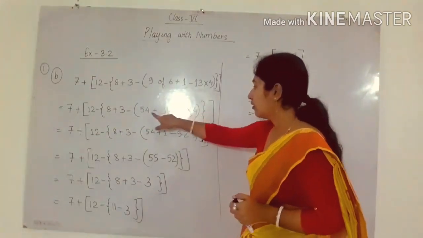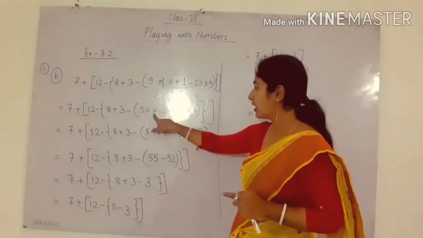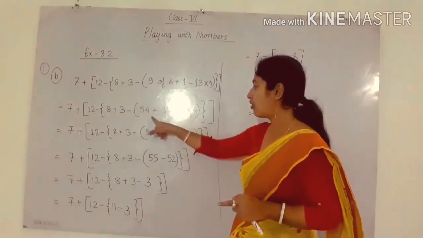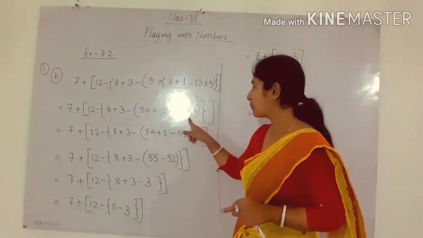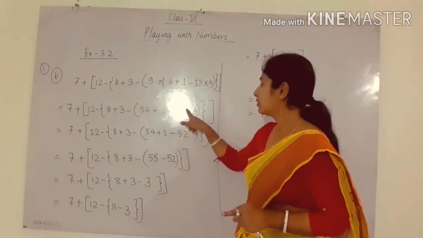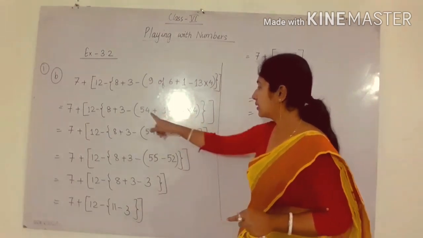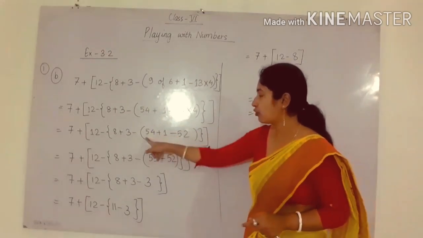In the second step, again we have to check for the priority, which will go first. Plus, minus, into. All of you know now you have to solve into, that means multiplication. 13 fours are 52. Next we have addition and subtraction, so we go for addition first.